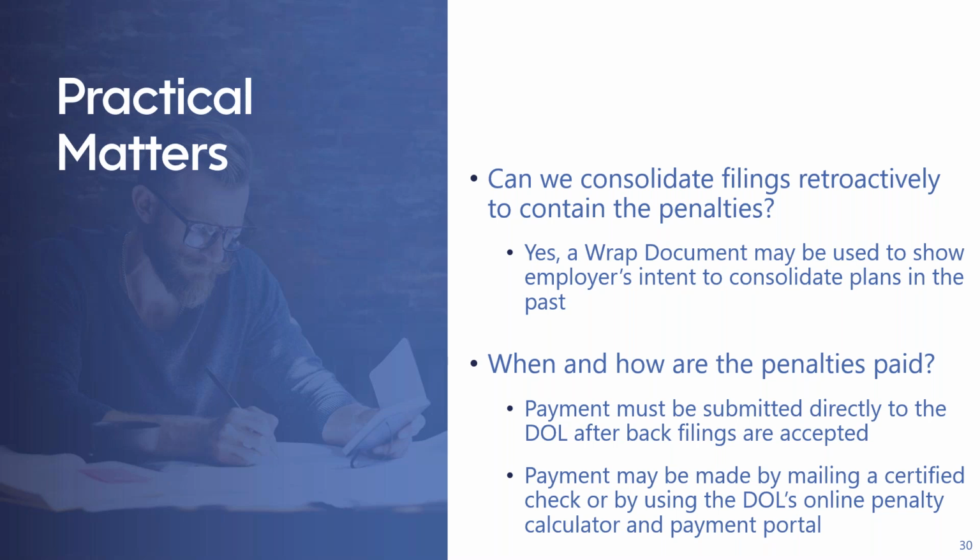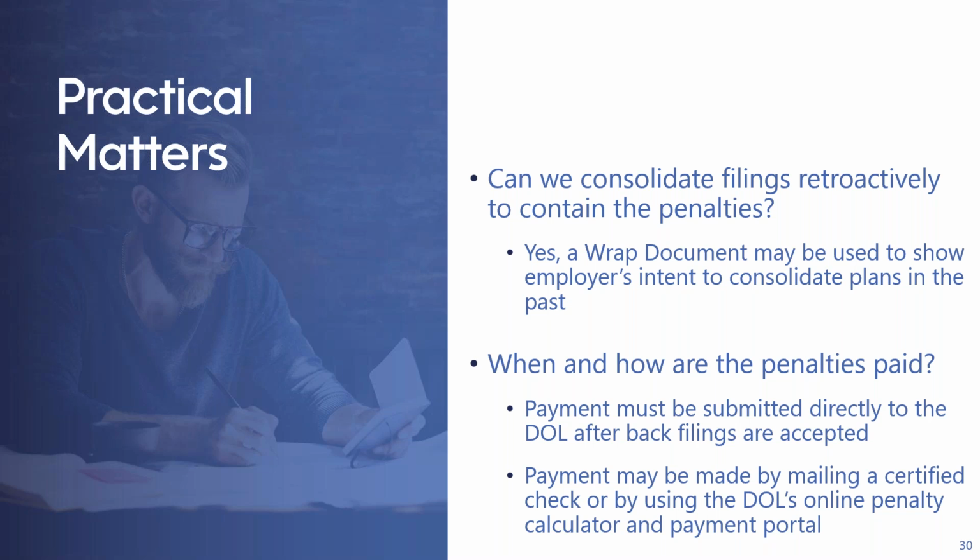And so that's going to save a lot of money instead of you submitting multiple filings under the DFVCP for multiple benefits. And when you do multiple benefits, you would be paying $4,000 max per benefit, as opposed to $4,000 max per plan. So definitely get a wrap document and cover all of your filings.